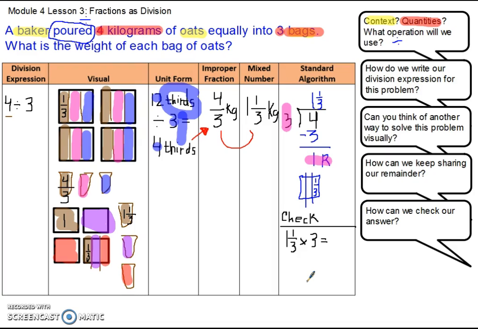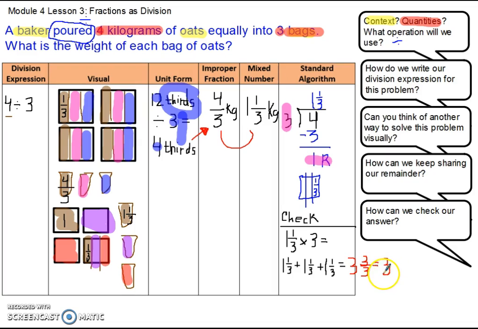What we can do is, because in this case we have a repeated 1 and 1/3 3 times, we can rewrite it as an addition sentence. So rewritten as 1 and 1/3 plus 1 and 1/3 plus 1 and 1/3. So I would add my wholes, 1, 2, 3, and my fractions all have the same denominator, so I don't need to make equivalent fractions, but I also know that my denominator stays the same, 3, and then I would add the parts, 1, 2, 3, and I have 3 over 3, which also can be rewritten as 1 whole.